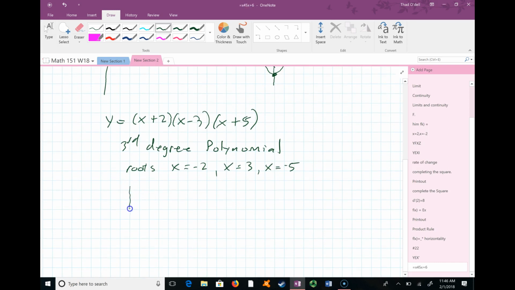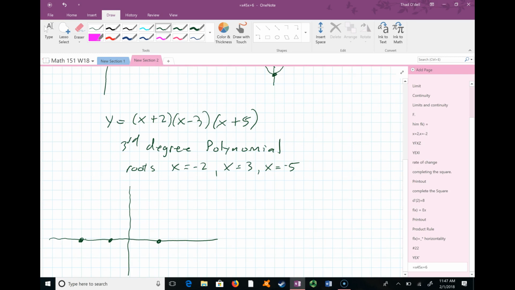So if I was to try to draw this thing, I know it crosses at -2, crosses at 3, and crosses at -5. Now, all I can see now is 3 points, but then think about end behavior.